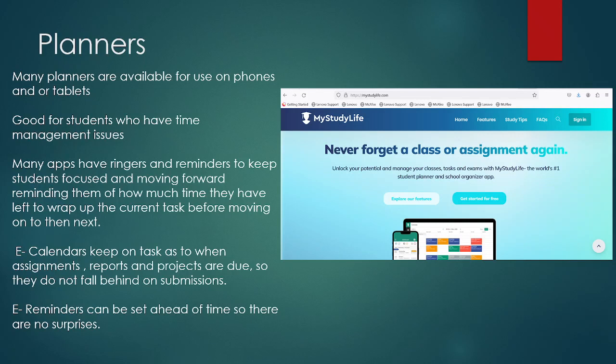And so they can keep them on task, and as to when these assignments, reports and projects are due, and once again, multiple reminders, so there's no surprises. So every week that goes by, they get a reminder that they have to stay on task.